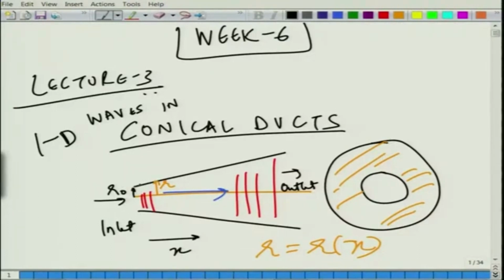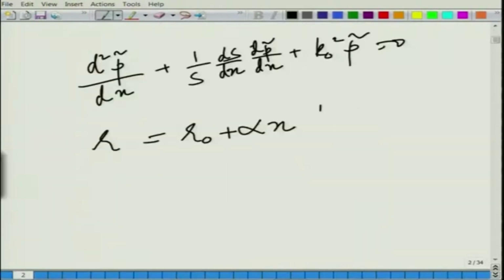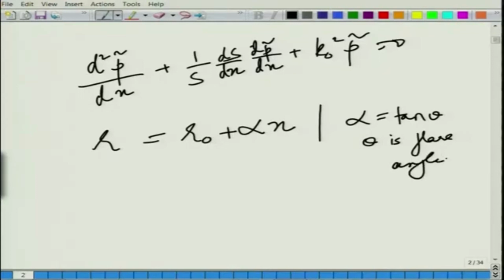If you consider this angle theta, like I said, theta is constant for a conical duct, that is, the flare angle is constant throughout, so the slope is constant. So, basically alpha is tan theta, theta being the flare angle.